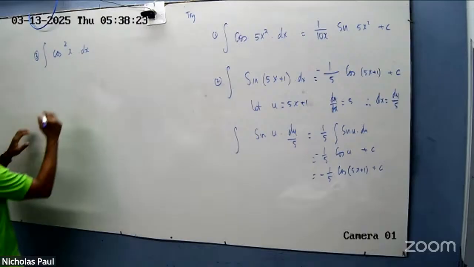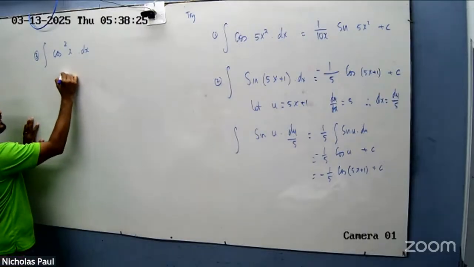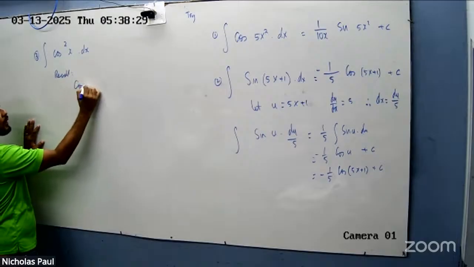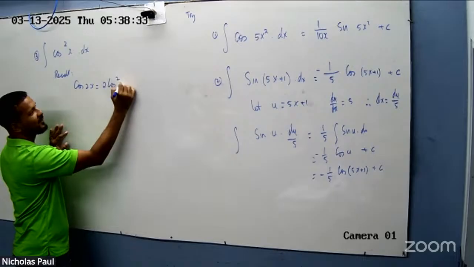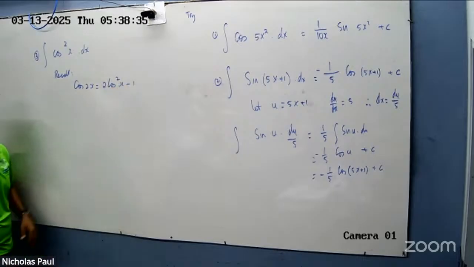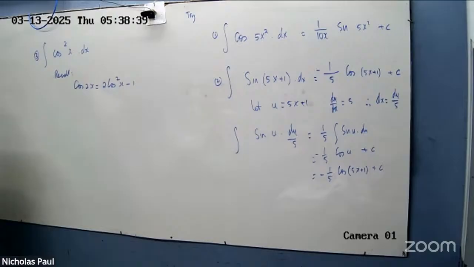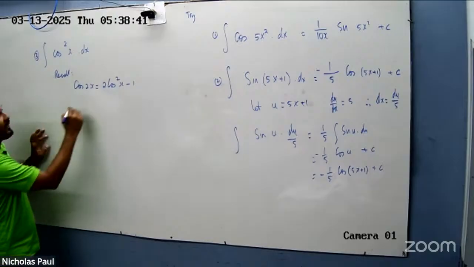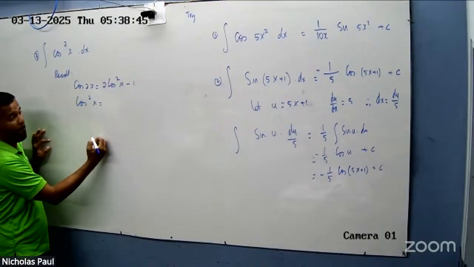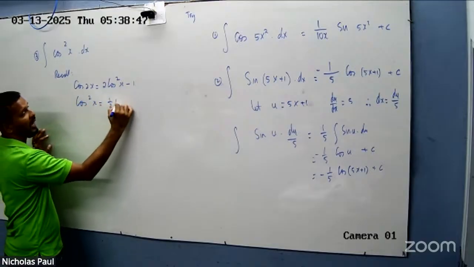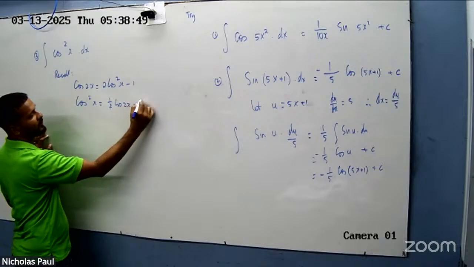Very good. So Jaydan said that you remember this, right? You remember that cos 2x is equal to 2 cos squared x minus 1. And then Jaydan said that cos squared x is really a half cos 2x plus a half.